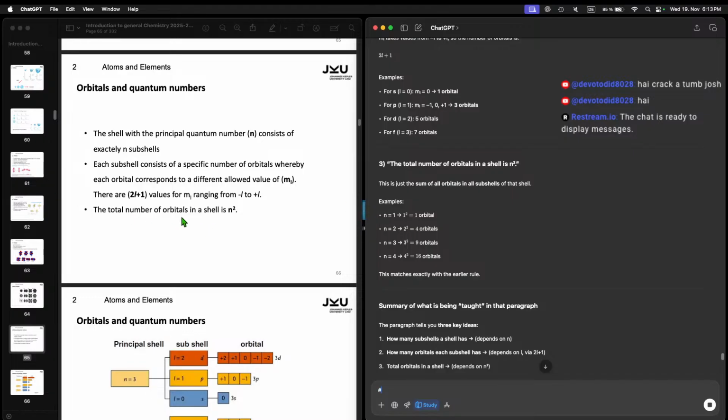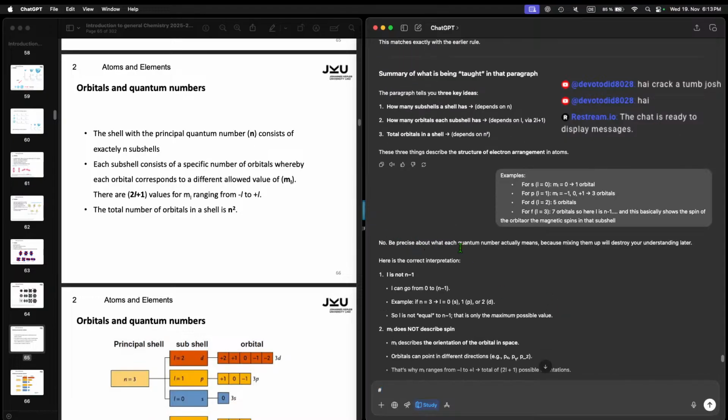Total number of orbitals in a shell is n squared. This is just a sum of all the orbitals in that subshell. If n is equal to 2, 4 orbitals. How? Oh, 3 plus 1. Oh, that's cool.